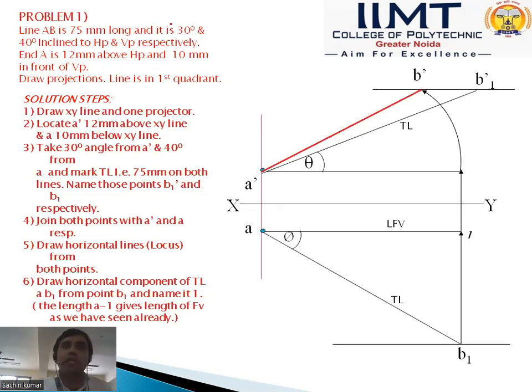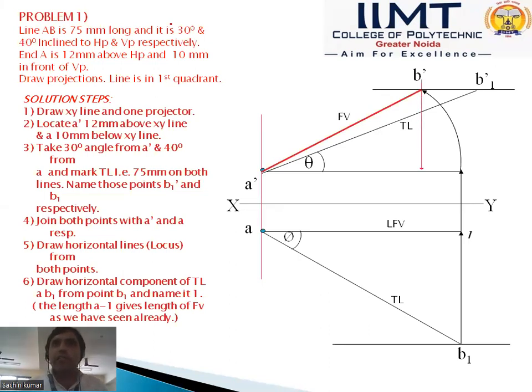In this case, A dash B dash is less than A B1 dash. That means your step is the proper way. You can find the front view is shorter than the true length. That means the problem is being solved right.